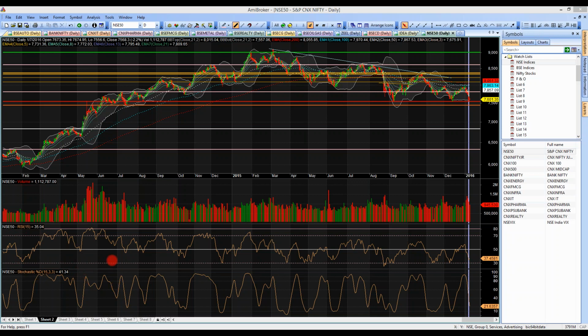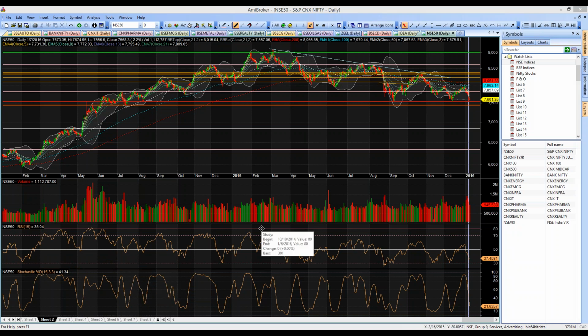So these are the two indicators which are on sheet 2, and these are leading indicators, as we all know, and the idea here is to just look at leading signals, leading indicators, and not be bothered about anything else.